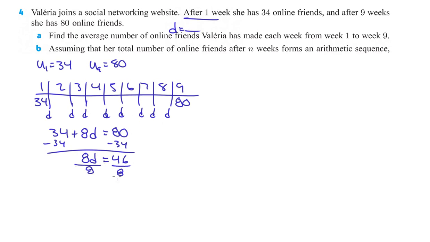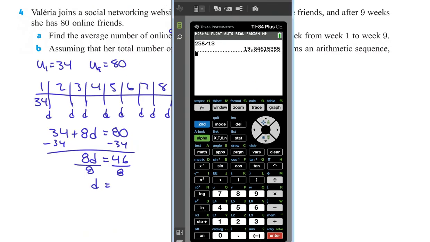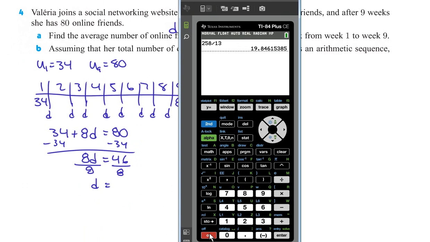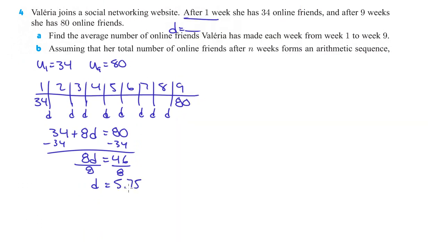So we divide both sides by 8, and we get 46 divided by 8, which is 5.75. So 5.75 new friends per week on average, right?